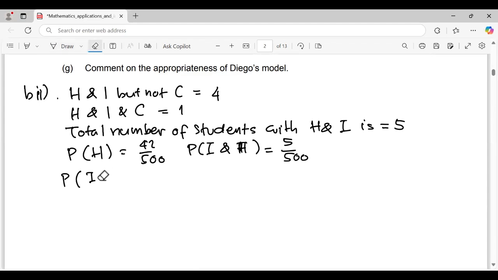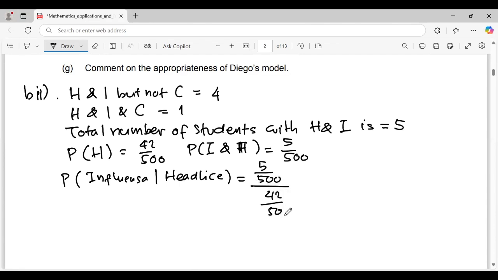So the conditional probability of influenza given head lice is equal to 5 over 500 over 42 over 500.